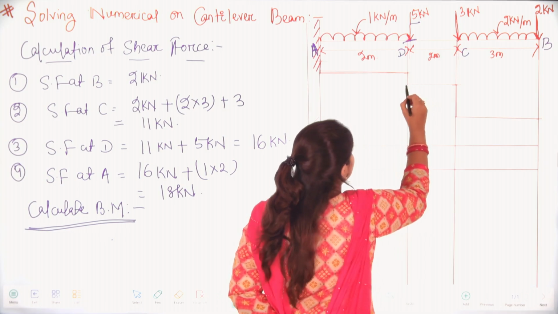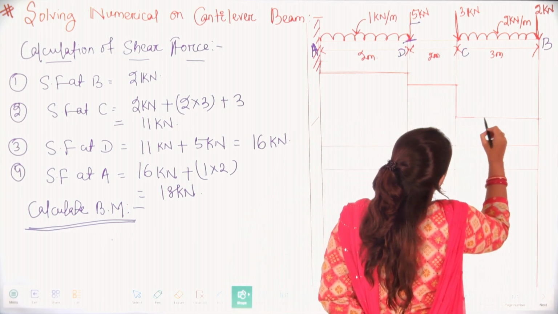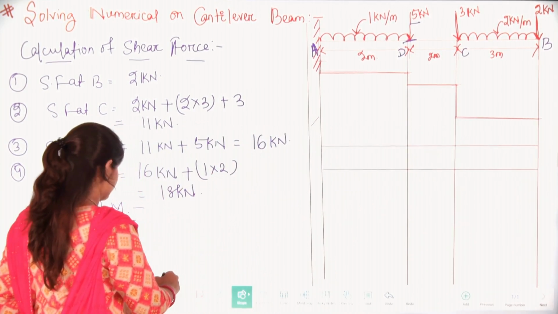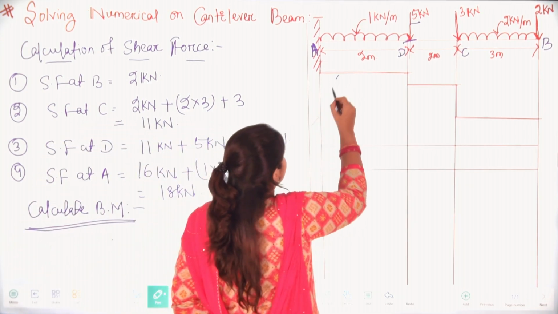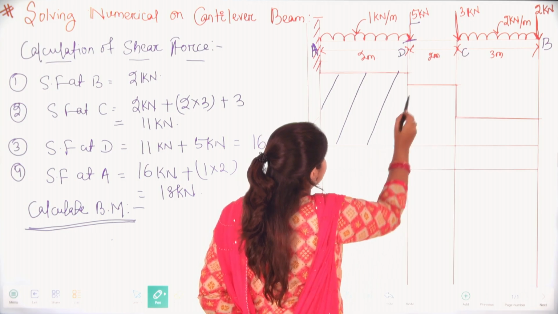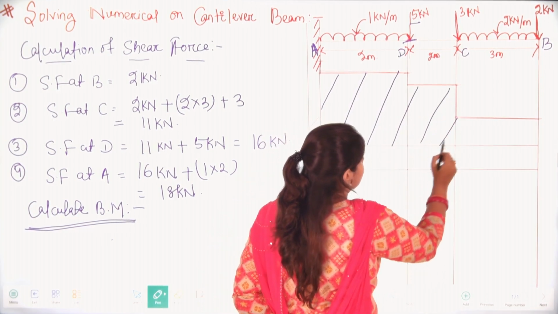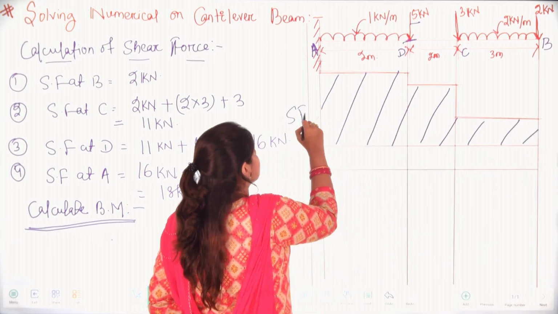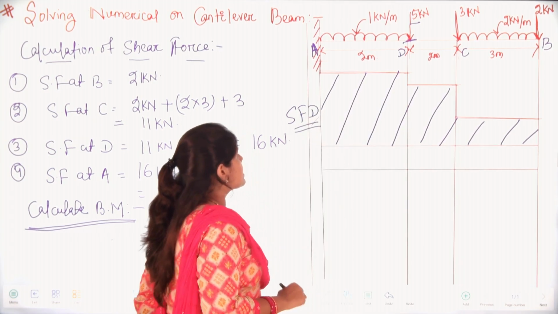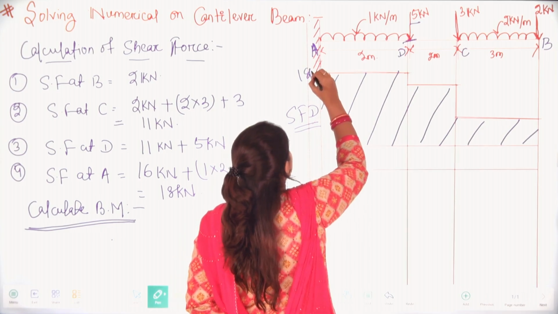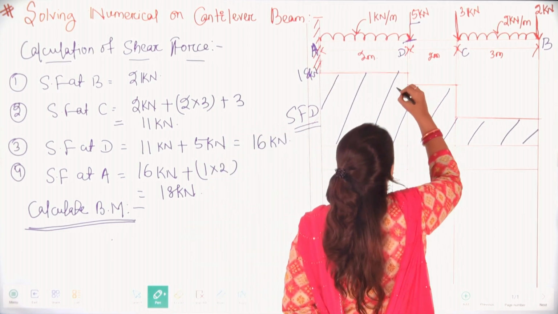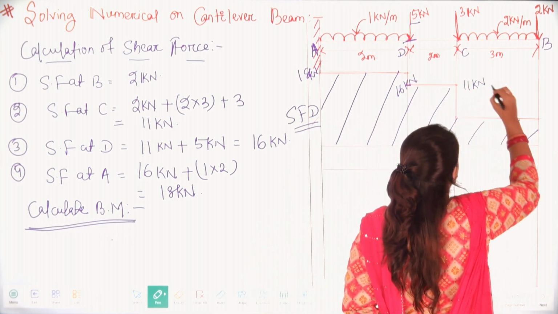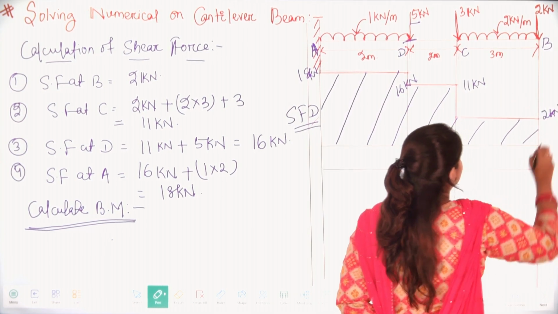It will be visible properly here, like this. This part is your SFD. Here you can write 18 kilonewton of load, this is 16 kilonewton, this is 11 kilonewton and here 2 kilonewton.